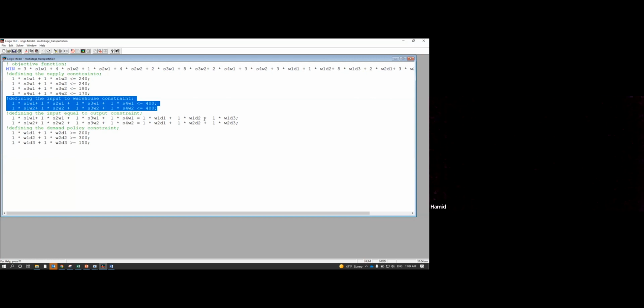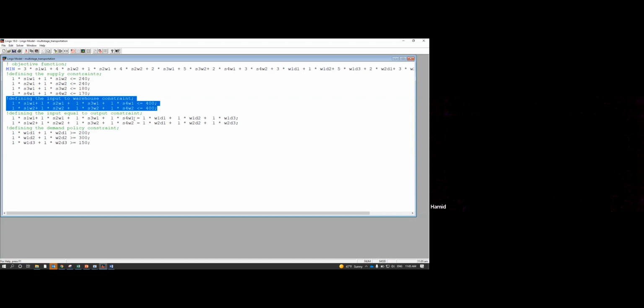The third type of constraint is about our policy. So whatever comes into the warehouse, you should send out. We cannot store everything. Although the capacity is 400, in the next day you should just release everything. Because these are oranges, you don't want to store them in the warehouse, you just want to release them. Maybe in those warehouses you don't have enough refrigeration, or the quality is not great, so you don't want to store more than 1 day.